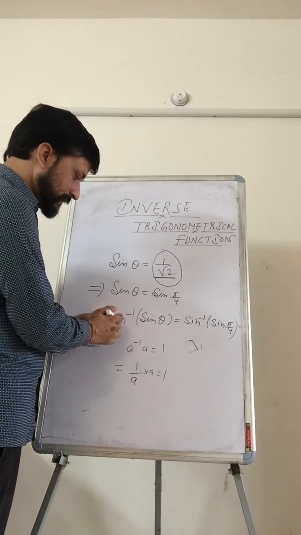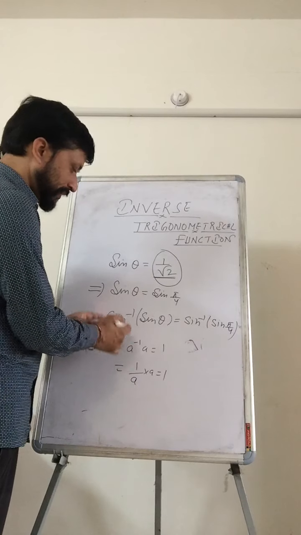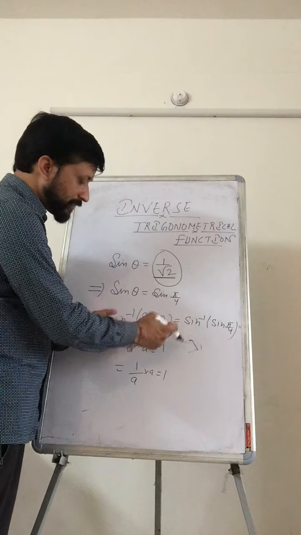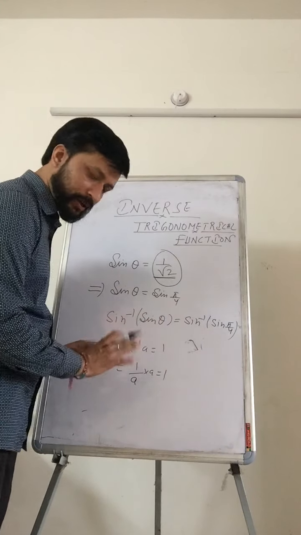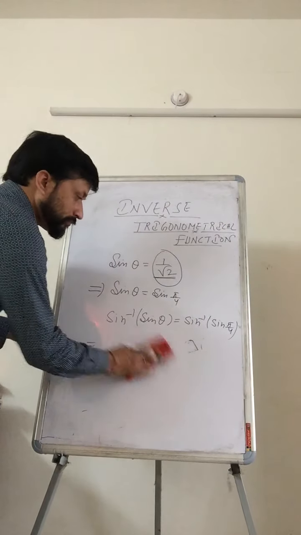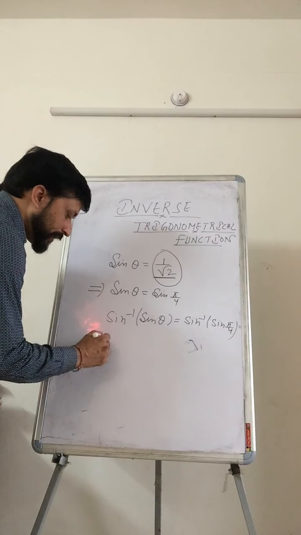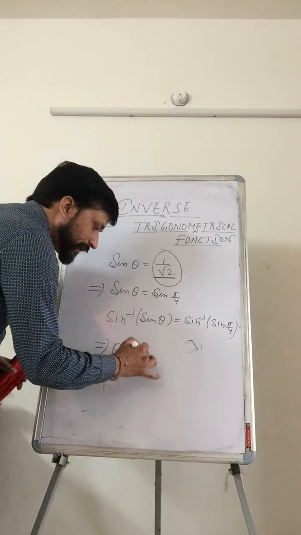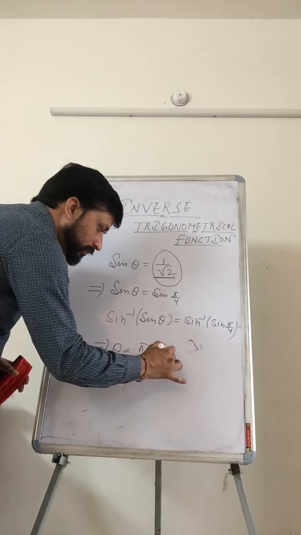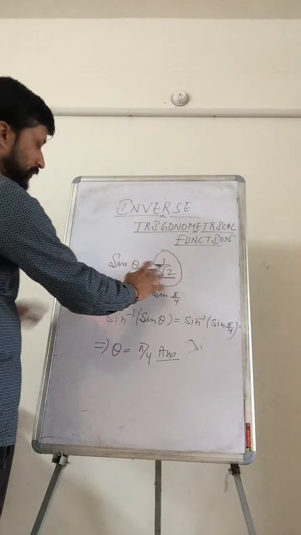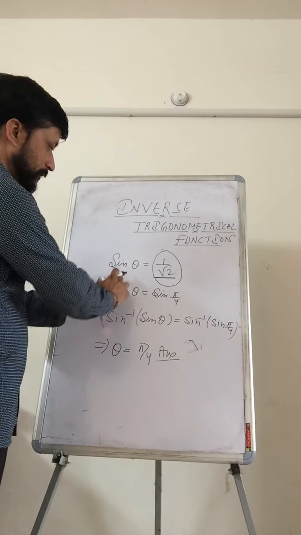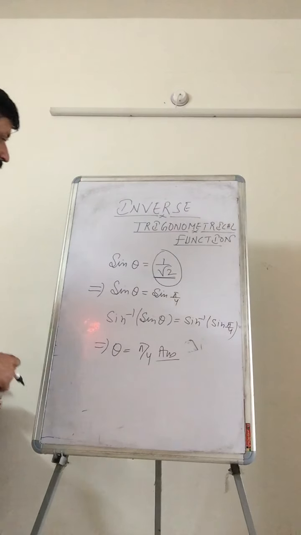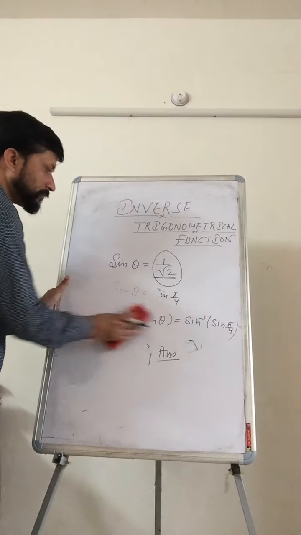Actually it is not true in this case. Clear? Since it is an operator, when this and this combine, it will give you theta. That much is okay. Now from here you are getting theta equal to, in the same way, pi by 4. So if this is given, then with the help of this inverse rule we can find the value of the angle. Now next, coming to the details.